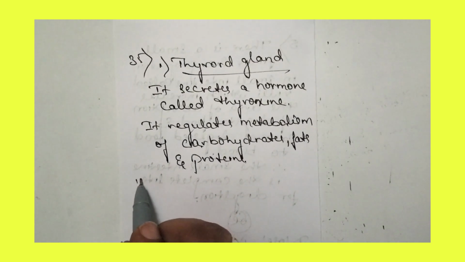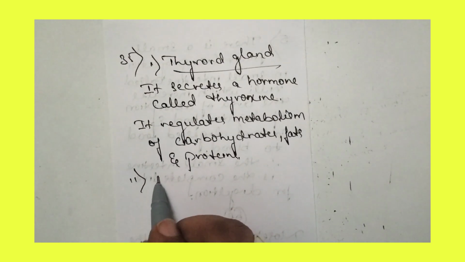Then the second gland is called adrenal gland.